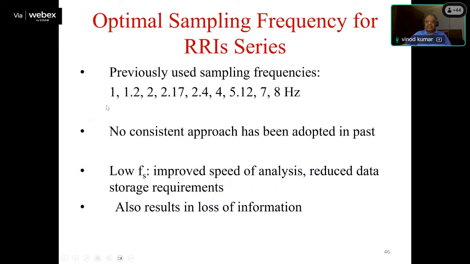You will see that various people have recommended sampling frequencies for the HRV signal of 1 hertz, 1.2, 2, 2.17, in various research papers. And we have done our study also. We have used 4 hertz sampling frequency. Then there is another research component in this case.